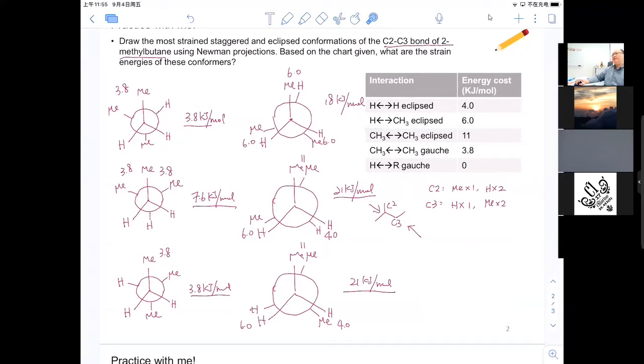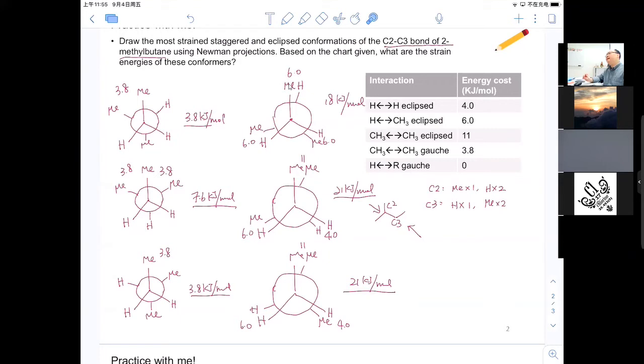Yes. This question is vague because I asked you to draw the most stable, right? If on the exam you draw the most stable, it's fine. But I will be very clear on what you should do. I probably will say, draw all the conformers, but point out the most stable one. Then you need to draw all of them.